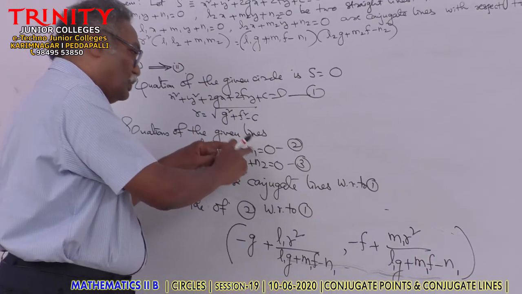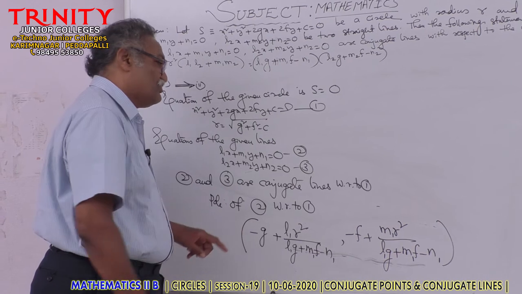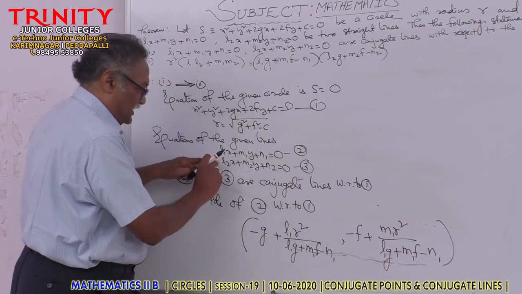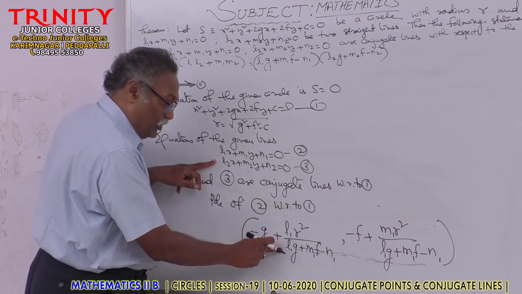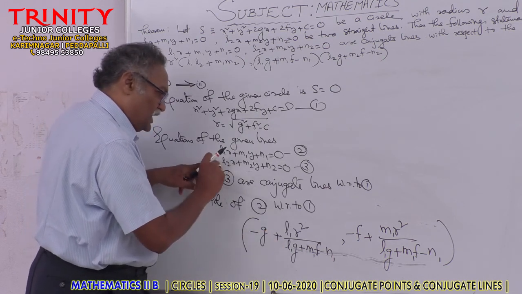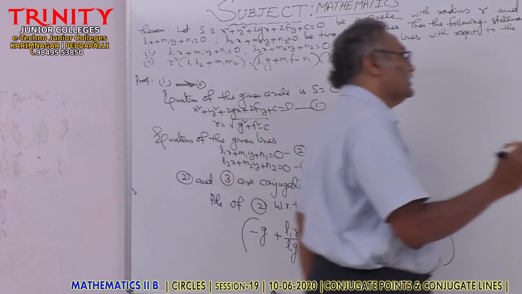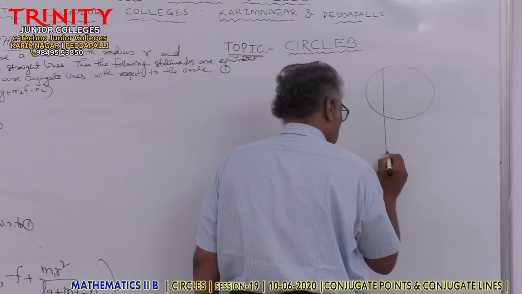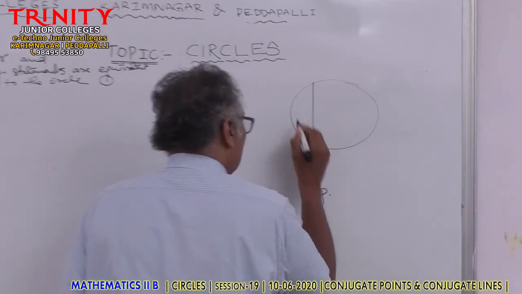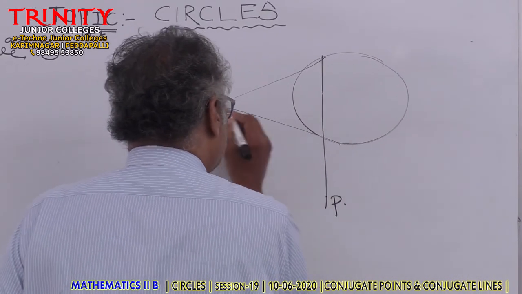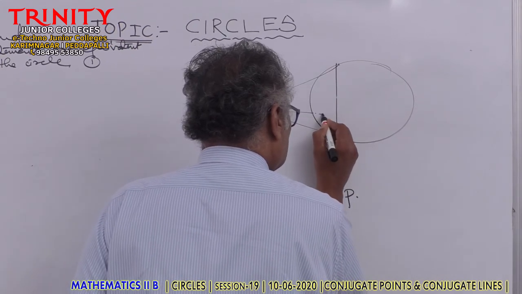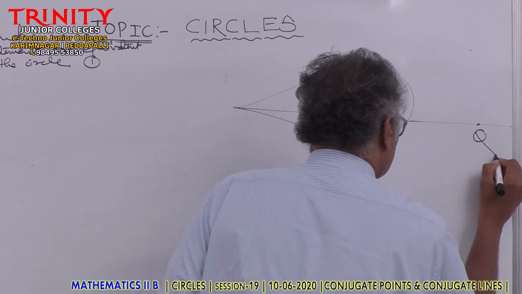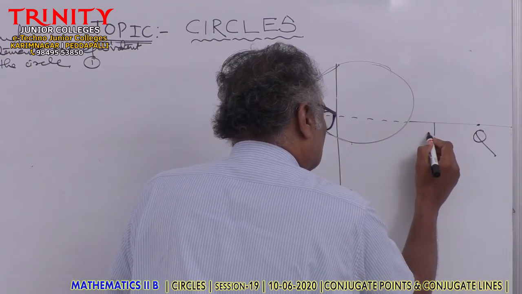Here, these two are conjugate lines. So this pole lies on this line. Take it like this: it is a circle, it is P, these are the tangents, it is Q, it is the polar.